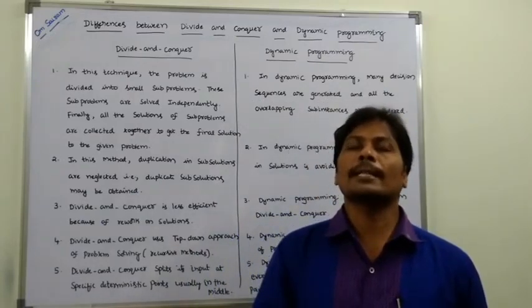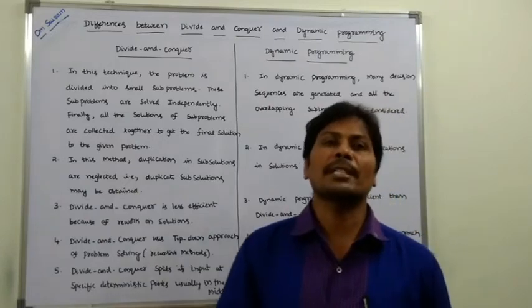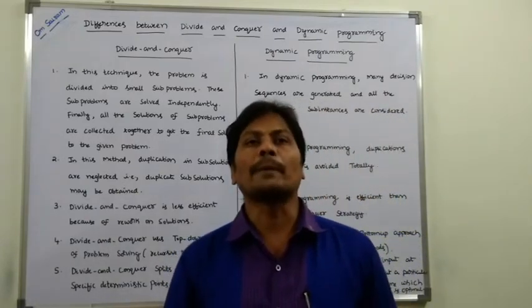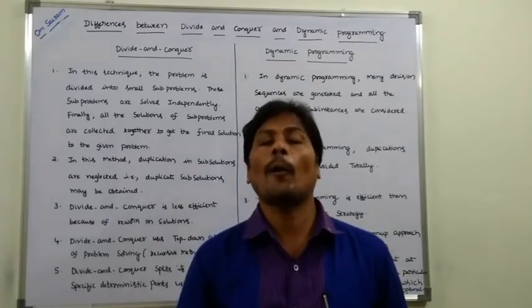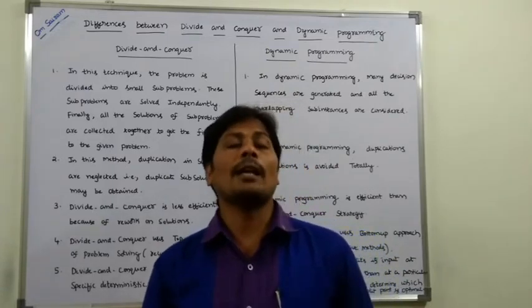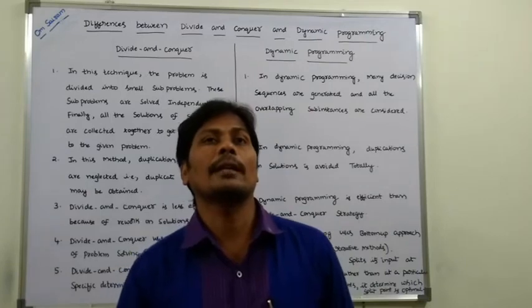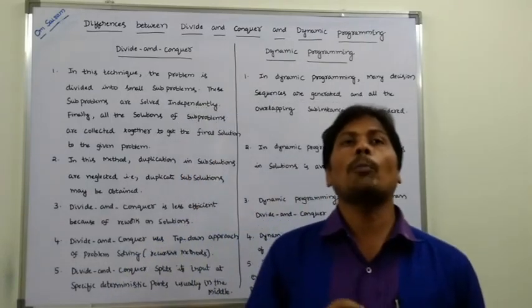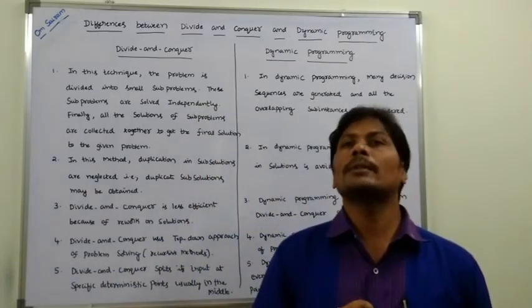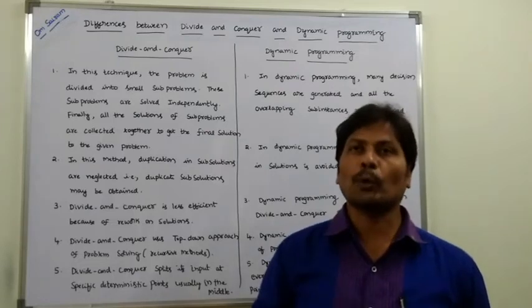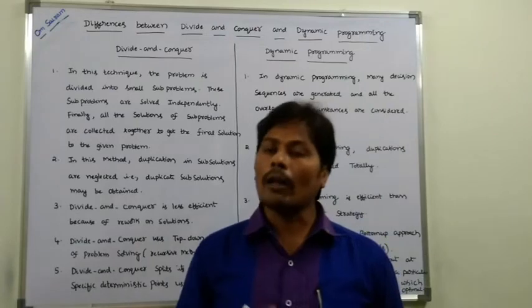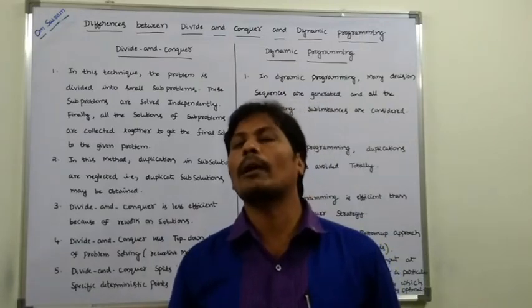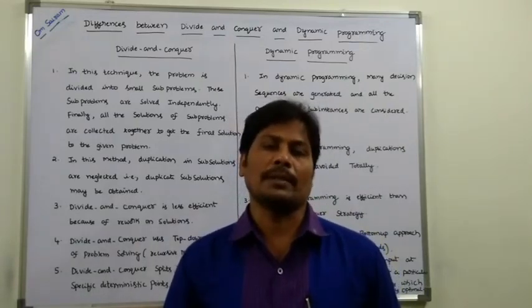By using this principle, we are guaranteed to get the optimal solution. So what is the principle of optimality? Suppose a problem is an optimal problem. Then all the subproblems obtained from the original problem are also optimal problems.